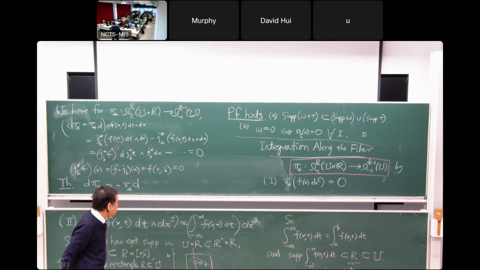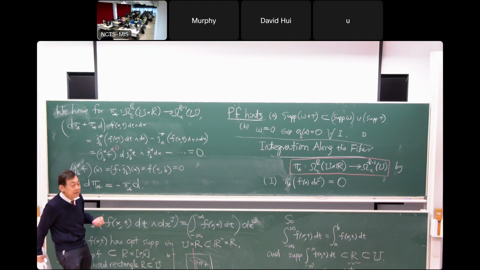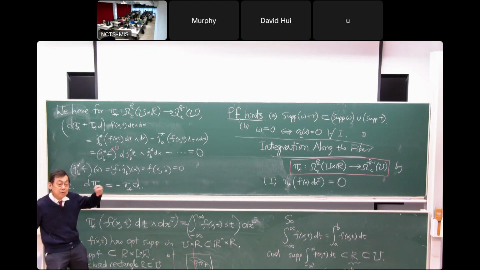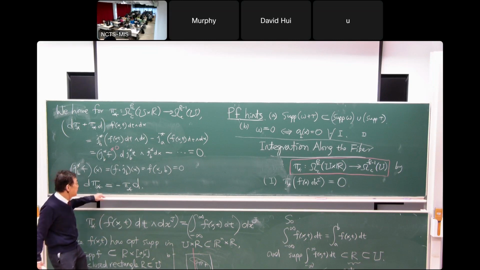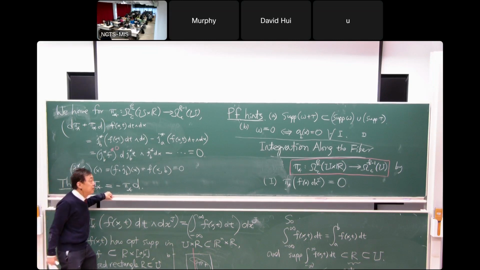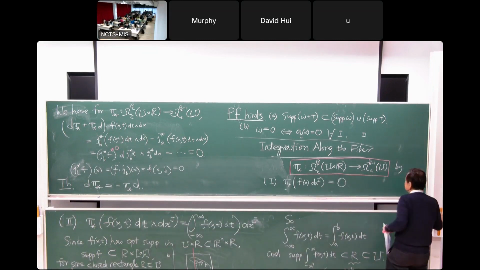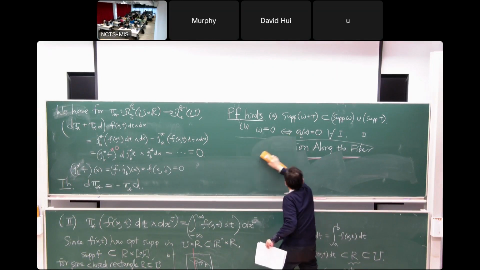Now, this says that pi lower star is a co-chain map up to a sign. The sign really doesn't matter. It still sends cycles to co-cycles and co-boundaries to co-boundaries. So it still induces a map in cohomology. So the conclusion is that pi lower star induces a linear map in cohomology.